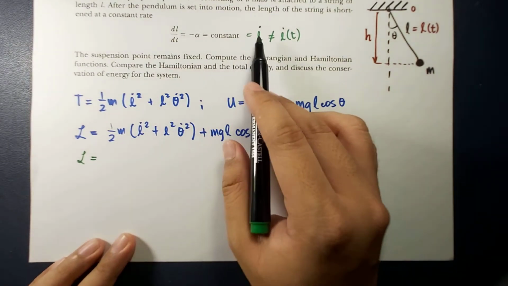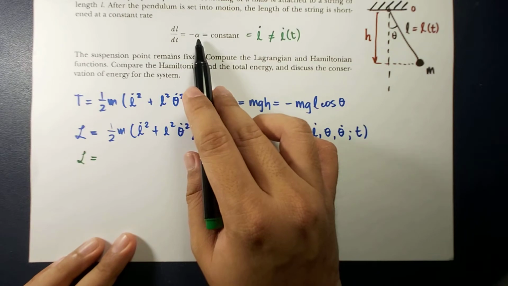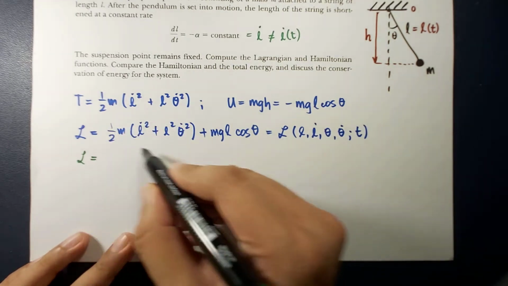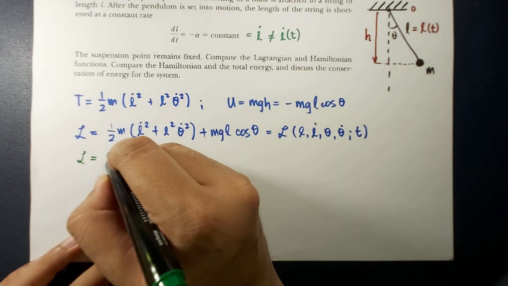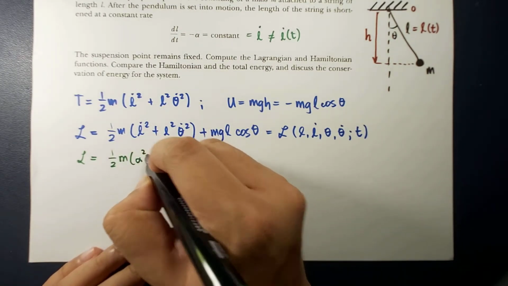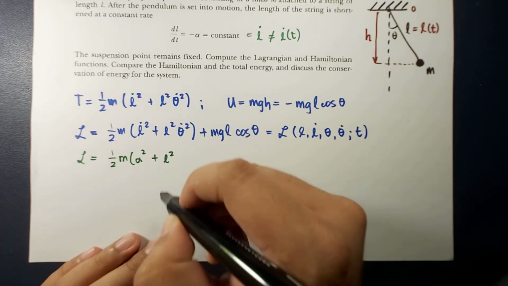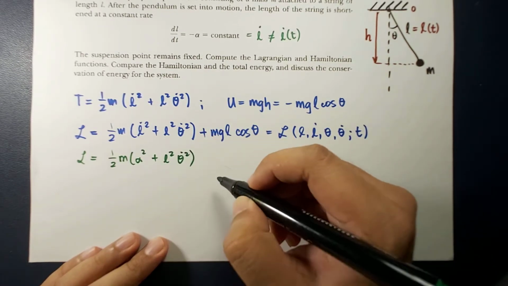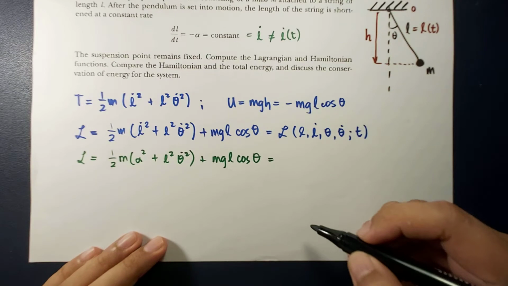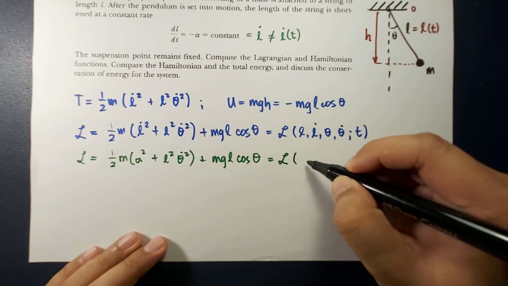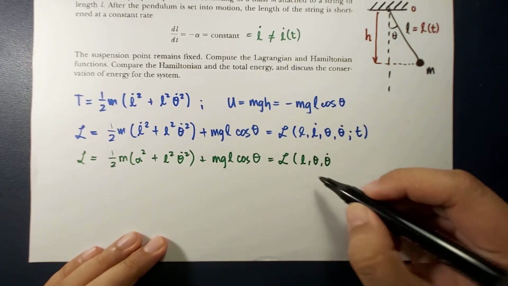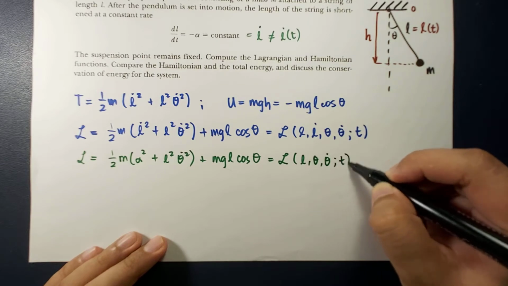We know that L dot is equal to negative alpha, so squaring that gives alpha squared. The kinetic energy should be written as 1/2 m times (alpha squared plus L squared theta dot squared), plus mgL cosine theta. Now we are reduced to a Lagrangian that is a function of L, theta, and theta dot, and these three variables are all functions of time.